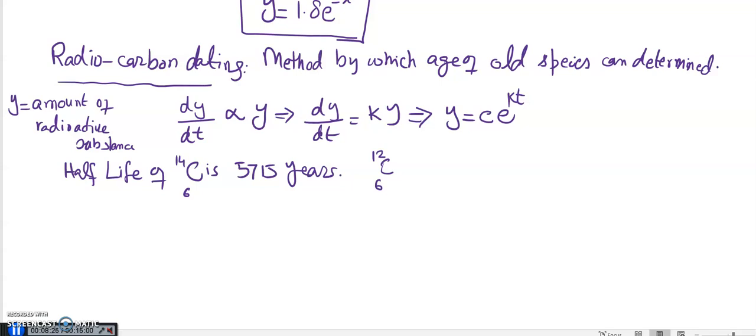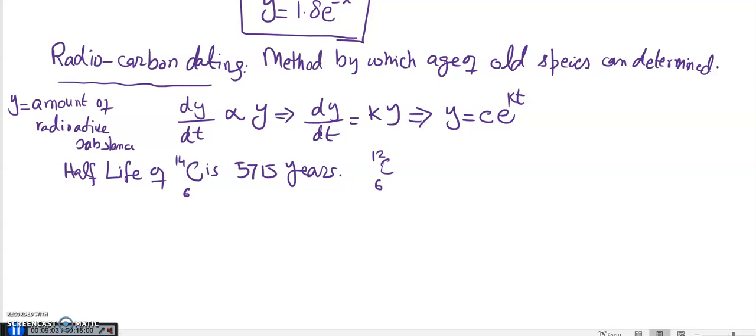Of course, one thing is that this radioactive carbon is a very minute quantity, and it's quite scarce. But it has been found that this radioactive carbon is present in some living organisms, and as long as the organism is alive, the ratio of this radioactive carbon to the normal carbon does not change.